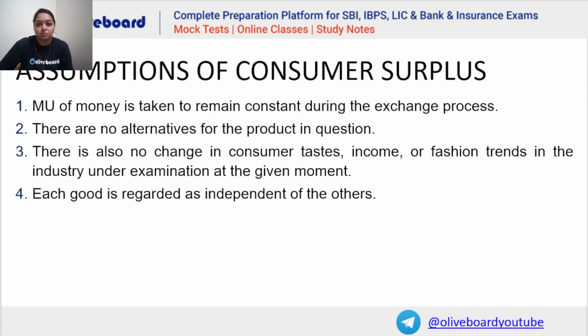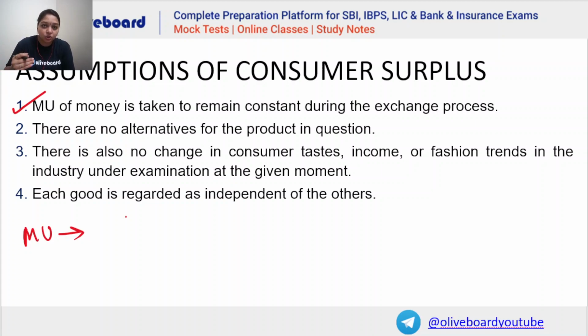So there are some assumptions when we state the statement of consumer surplus. What is the first one? Marginal utility of money is taken to remain constant during the exchange process, right? So now again we are going back to basics. What is marginal utility? The satisfaction obtained by one additional unit of the commodity, right?